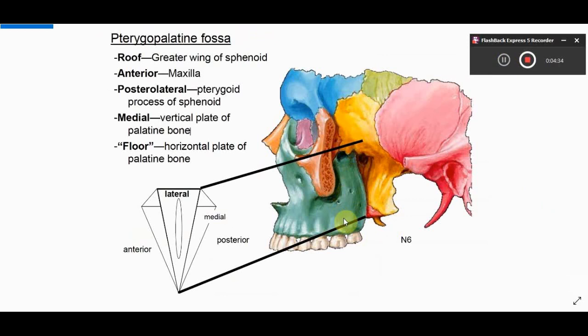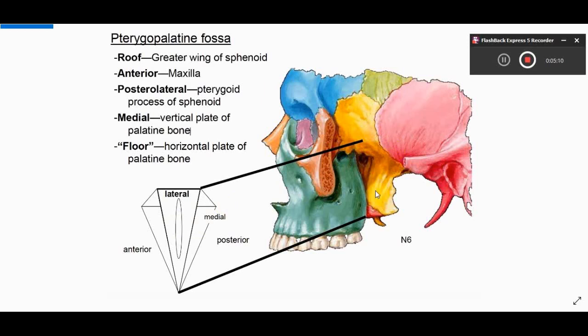We have the posterior surface of the maxilla, and this is forming the anterior boundary represented in the schematic image, right? In yellow we have the posterior boundary, and that is the root of the pterygoid process. The adjoining part of the greater wing of the sphenoid is also forming the posterior boundary.